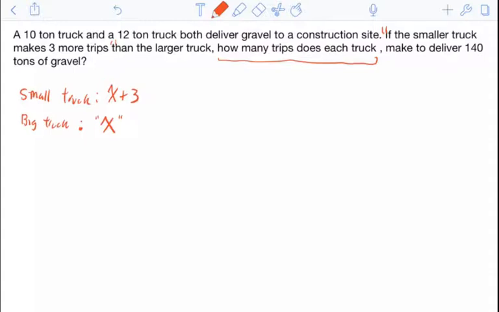Each time the small truck makes a trip, it delivers 10 tons, so the total gravel from the small truck will be 10 tons times the number of trips.